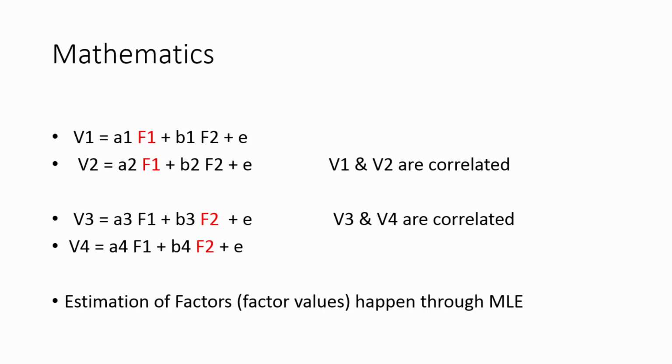Similarly, v3 is a linear combination of f1 and f2 again, but you can see the coefficient for f2 is significant here, as I have marked, but the coefficient of f1 is very less significant or not at all significant. Similarly, v4 is a linear combination of f1 and f2. The coefficient for f2 is significant, whereas the coefficient for f1 is very less significant or not at all significant. And that's the way we group v3 and v4 and come up with the latent factor f2.